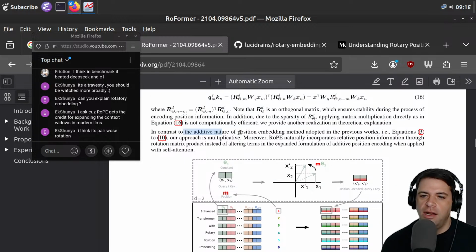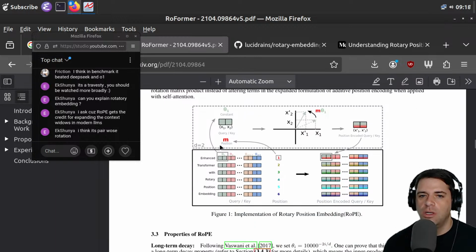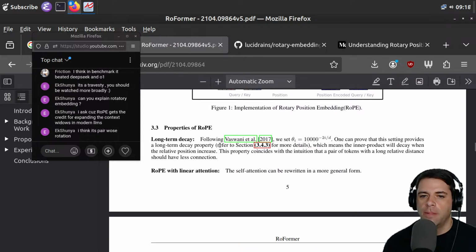In contrast to the additive nature of position embedding methods adopted in previous works, our approach is multiplicative. Moreover, RoPE naturally incorporates relative position information through rotation product, instead of altering terms in the expanded formulation of additive position encoding when applied with self-attention. So here are some properties. Long-term decay.